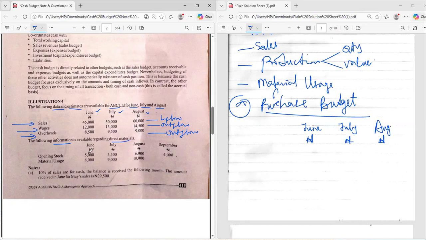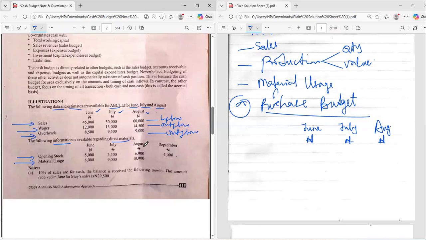The following information is available regarding direct material. What do we have? They give us the opening stock of material and they give us material usage. They gave you the figures for June, July, August, and September. We already know what opening stock is.